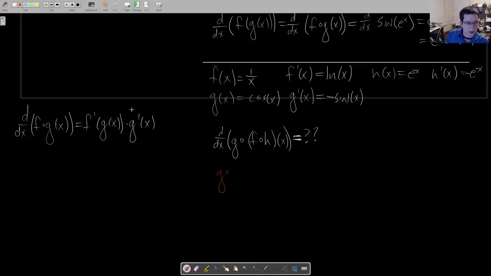G composed with f composed with h of x equals cosine of 1 divided by e to the negative x, for clarity.